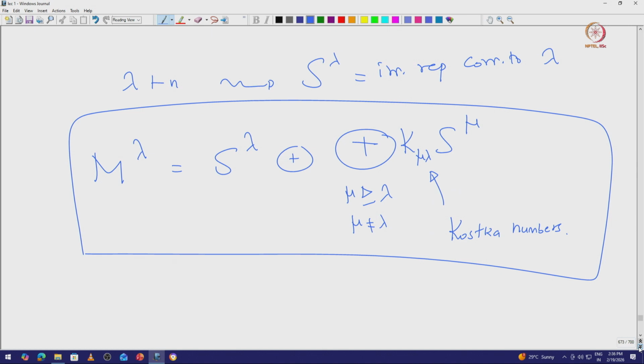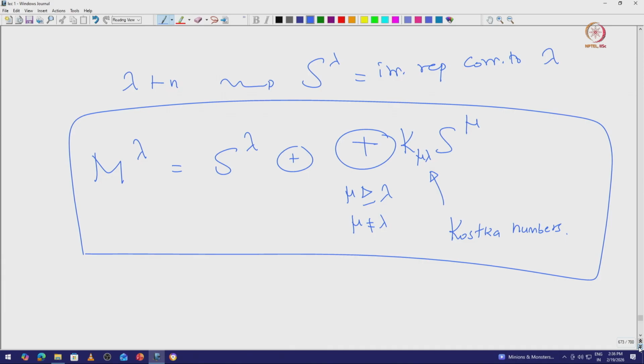This K mu lambda, they are the Kostka numbers. So, that means if we use this dominance order, we have some way to actually slice off this M lambda to get this S lambda.